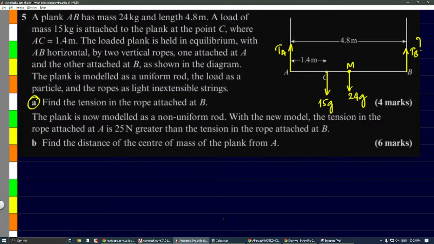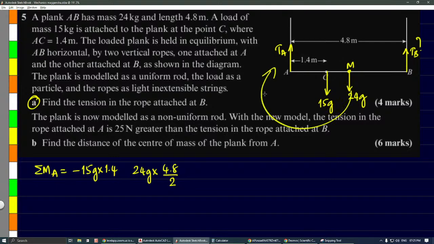Ready? Yes. So I think we can directly go with moments. Take moments about point A. TA will cancel out. 15g times 1.4, this is clockwise, so minus. 24g times distance 4.8, because this is at the center midpoint, because this is a uniform rod, and this is again clockwise, so minus.